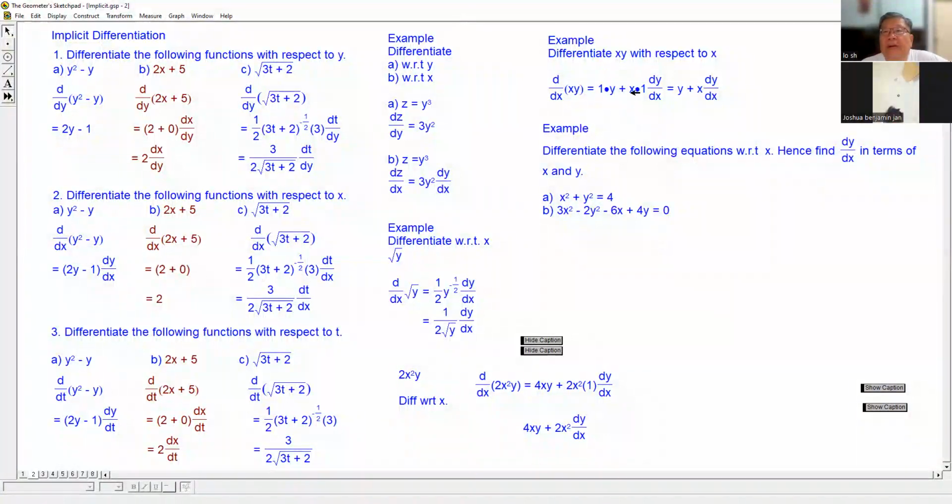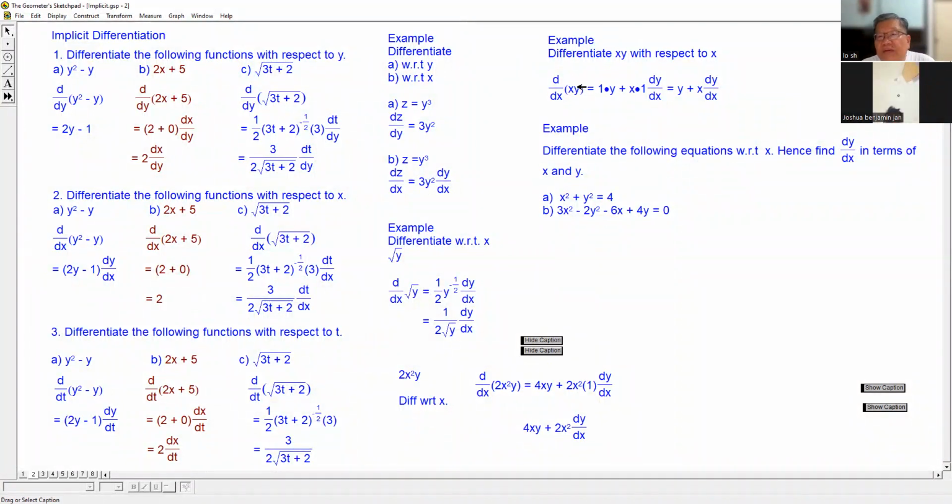The next one is you keep the x, don't differentiate the x, you differentiate the y. When you differentiate y with respect to x, you just differentiate like usual. Differentiate y, you get 1.